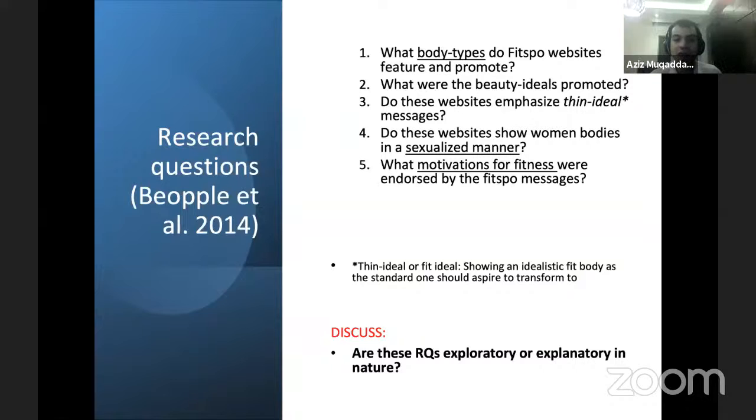Yes. So as you can see here, none of the questions is trying to connect, for example, sexualized images to something else. It's not asking, do sexualized images excite people or provoke people or upset people or cause depression or something. They're just asking what type of images we would see. So that's a classic example of exploratory.